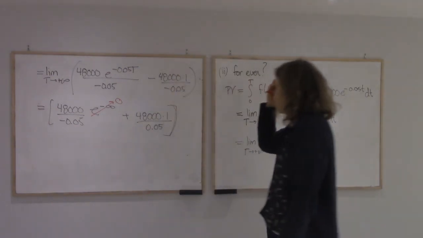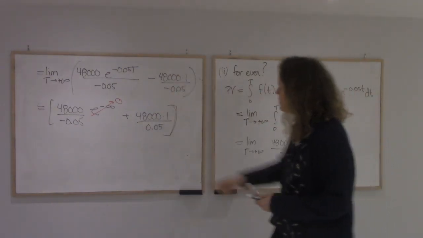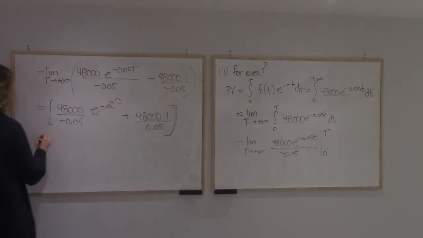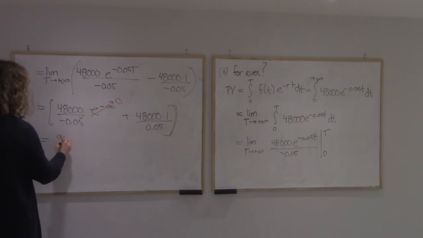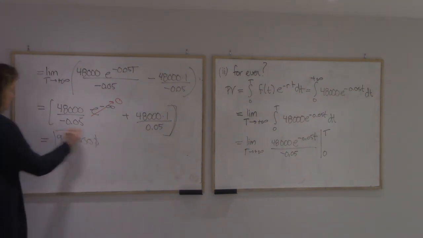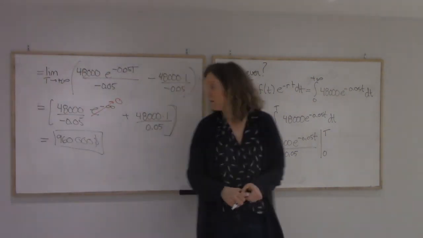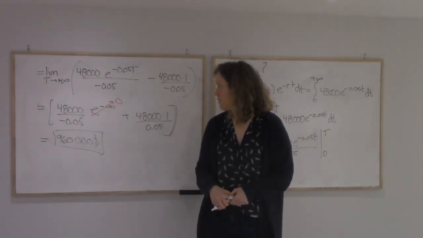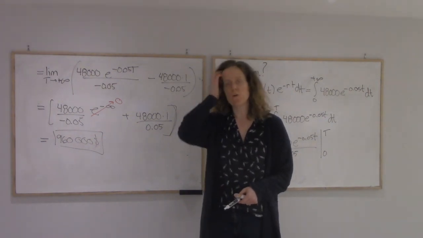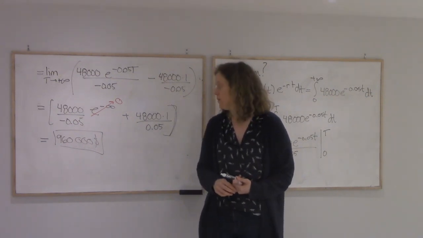If you go to minus infinity, there's a horizontal asymptote there. So that first bit is going to 0. So this is going to be your answer. And that should give you $96,000. So this investment, if it goes on forever, is worth a bit under $1 million in today's money.